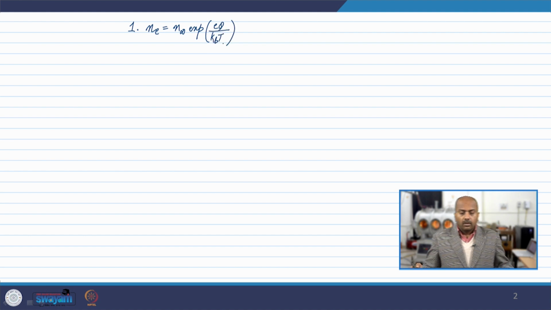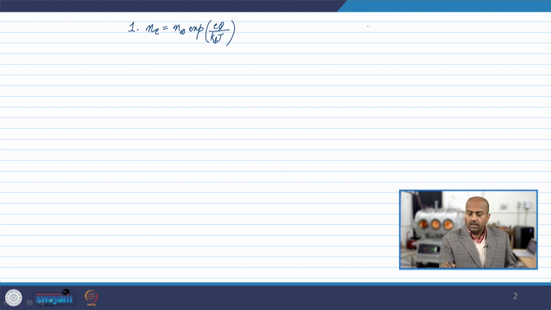we assumed the number density of, let us say, electron to be varying according to the Maxwell distribution, which is e to the power E phi by kBT, where phi is the potential, right?